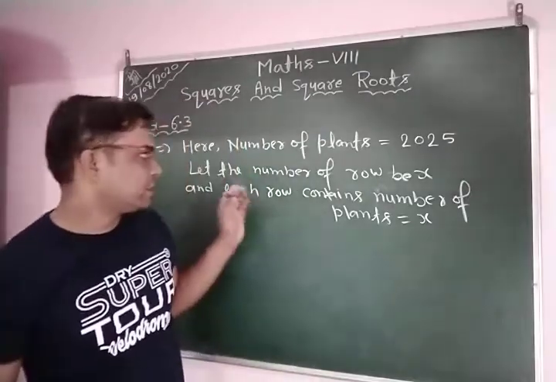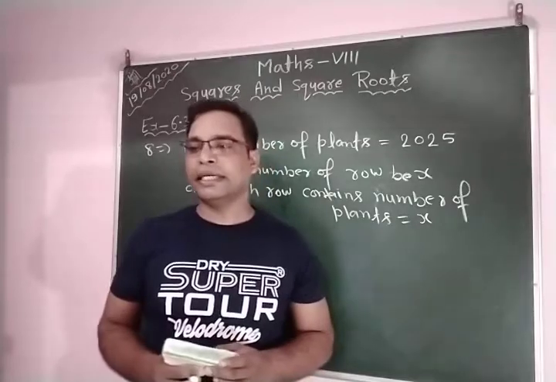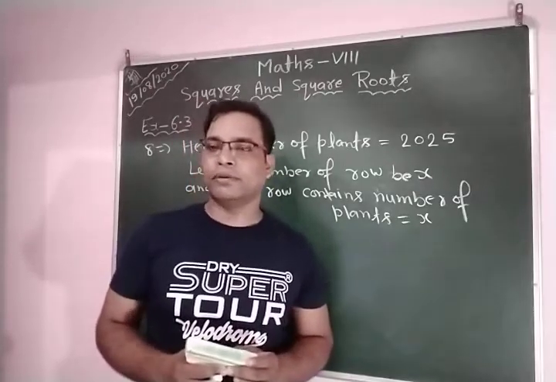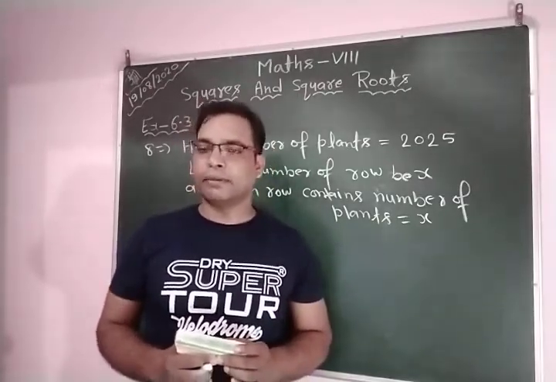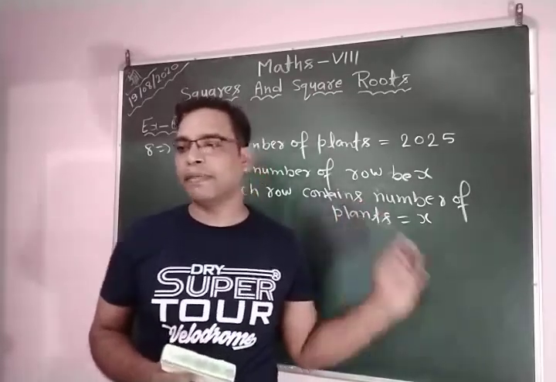So here we suppose the number of rows be x, and each row contains the number of plants x.